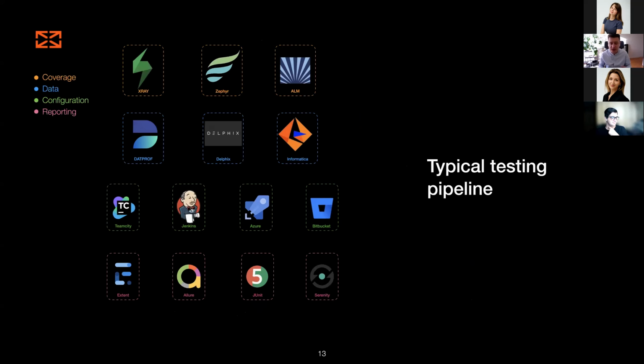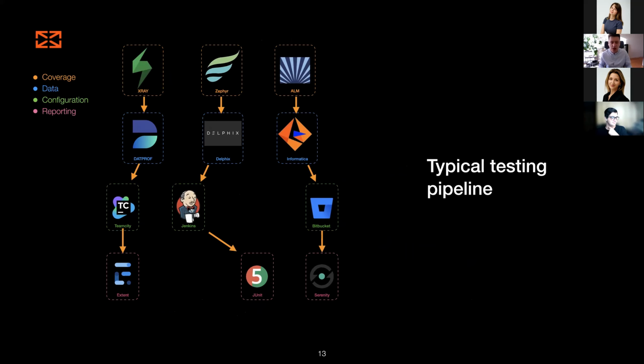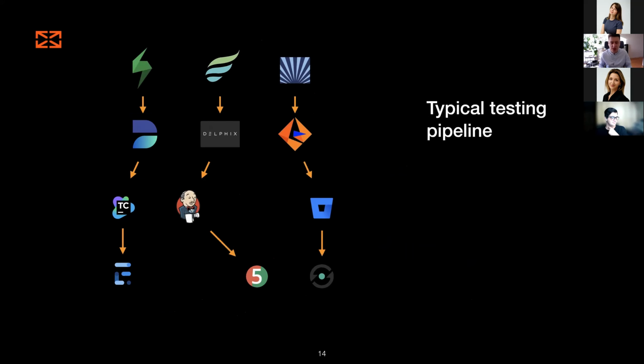And a typical testing pipeline is usually a combination of some of these tools. So these tools are composing technological stacks for QA processes and QA projects.